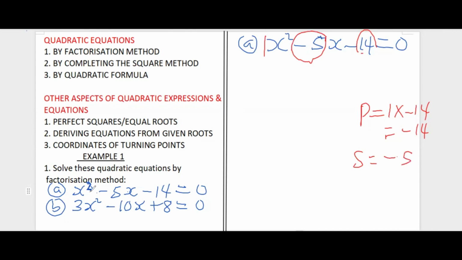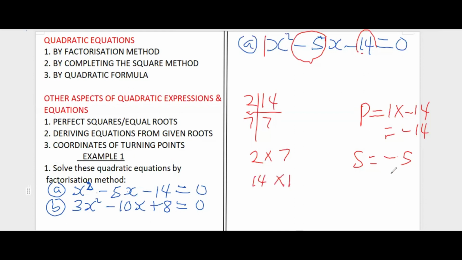Hence, you now ask yourself, what two numbers do you multiply that the result will be minus 14, and when you sum them, it will give you minus 5? So we don't need to go far. 14 can go as 2 times 7 or 14 times 1.